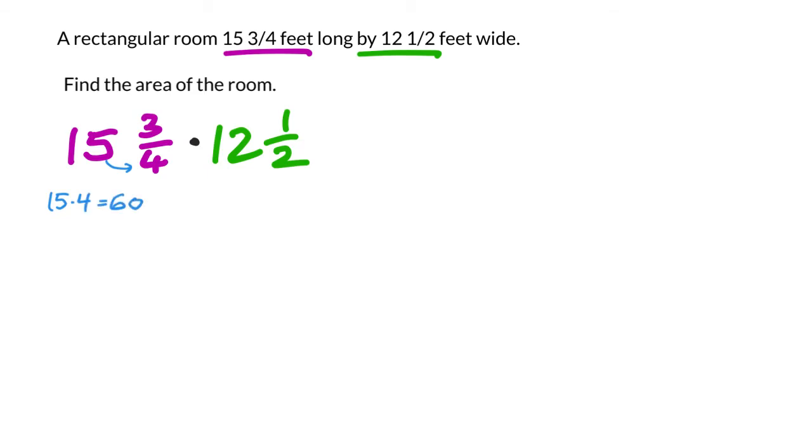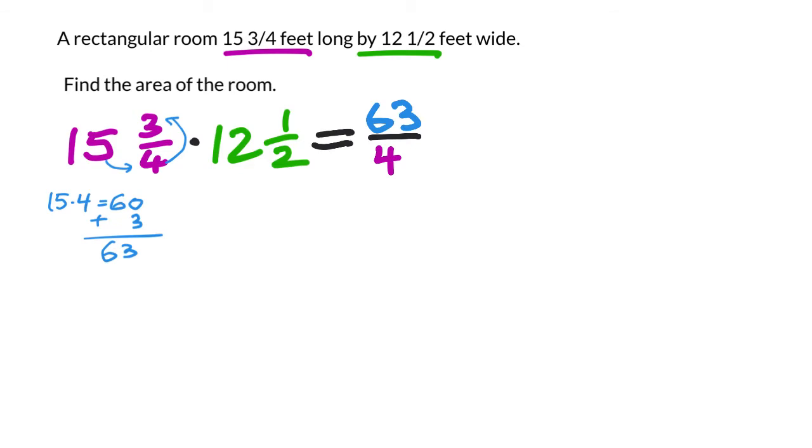I'll do the quick math on that, 60. And then we add the numerator, 3. And that gives us 63. So now, instead of 15 3/4, the purple fraction has the denominator staying the same at 4, but a new numerator of 63.